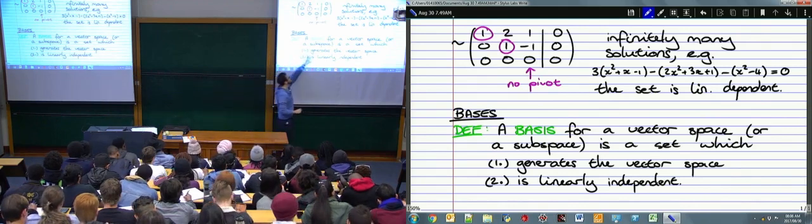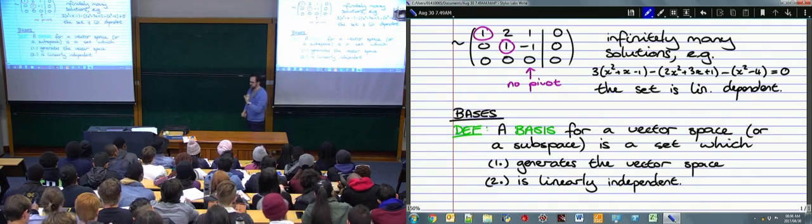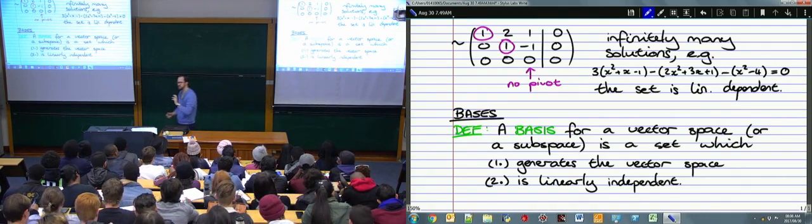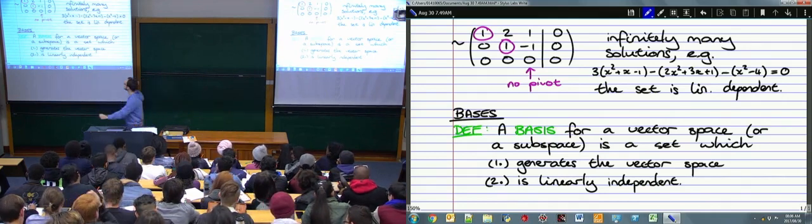We need these two conditions to hold for a set to be a basis. So a basis is, in some sense, a very special generating set. It's a generating set which also is linearly independent.